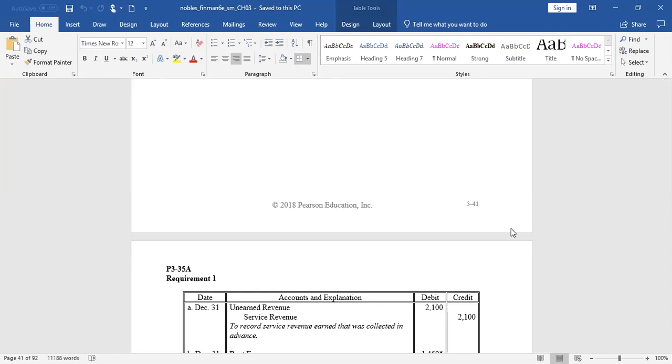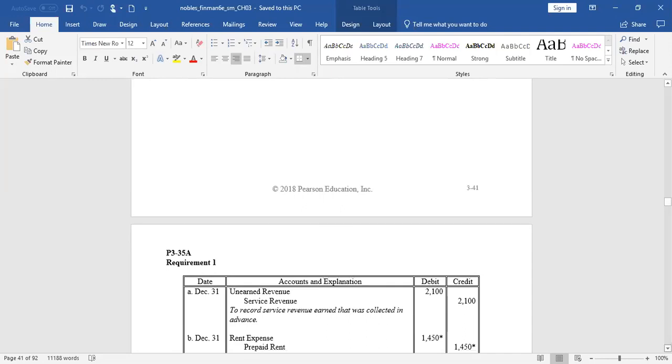Assume that is representing that 2 months of rent they paid for early. Paid it December 1st, but aren't receiving the service till December and January. So what do we do with that? Well, the question is, did any of that become an expense by December 31st? And you should have answered yes.